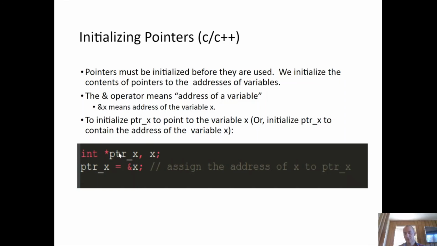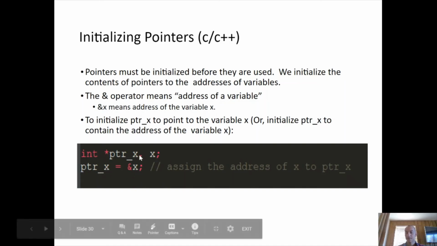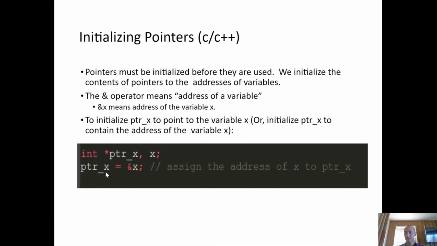We're combining them, but basically int star ptrx and then int x. So we are creating two variables, and then here we are assigning the address of x to ptrx. That symbol is taking the address of this variable and storing that into ptrx.